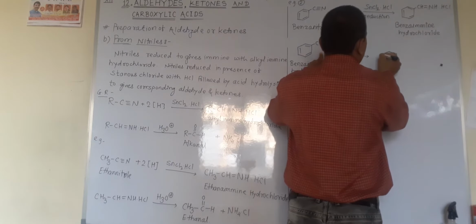In this reaction, benzonitrile is reduced in the presence of stannous chloride and HCl to give benzimine hydrochloride, followed by hydrolysis to give benzaldehyde.